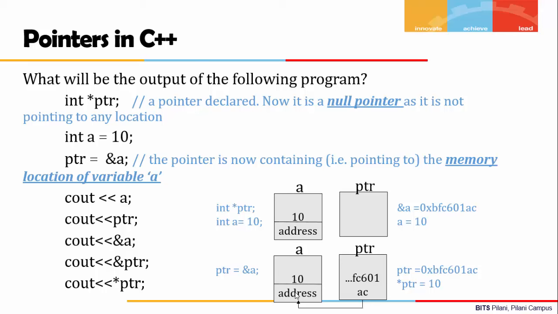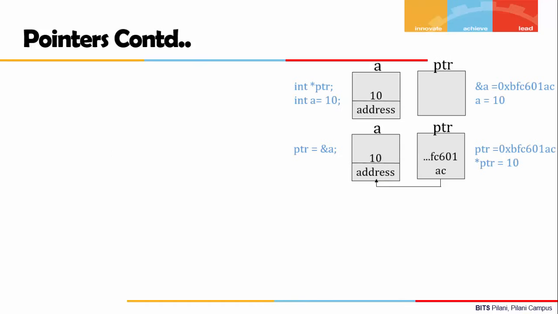So let's see the output of this program. We define a ptr, and we assign a value: ptr = &a. So cout a will print 10. The value of a is 10.